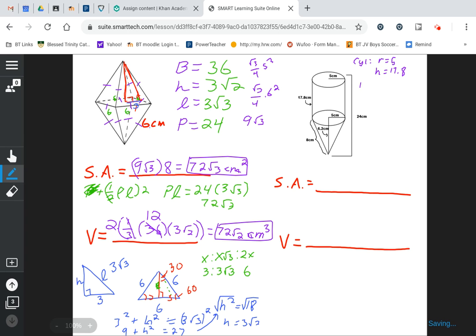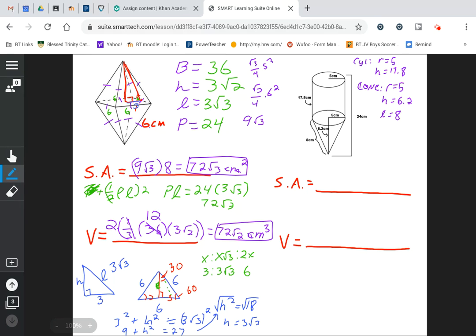For my cone, I need the radius, which again is 5. It doesn't change. I need my height, which is 6.2, and then I need my slant height, which in this case is 8. So now I can use that to find my surface area and volume.